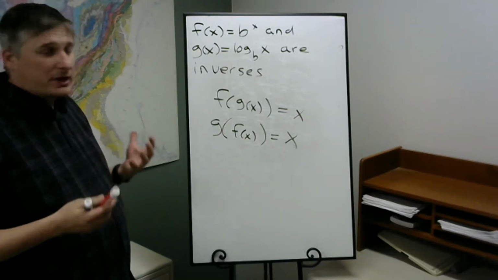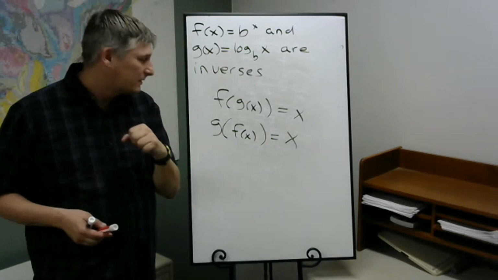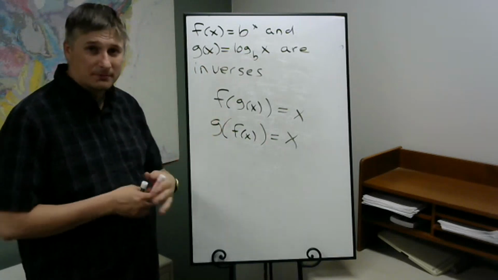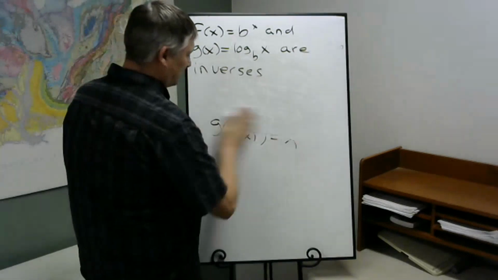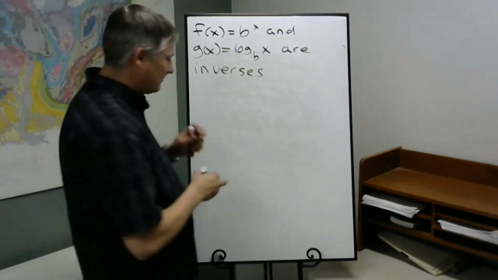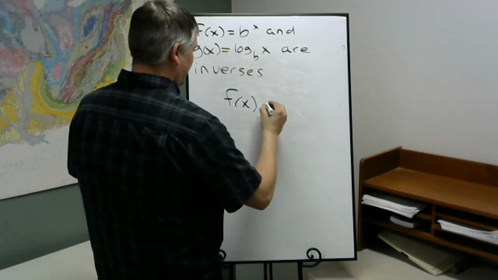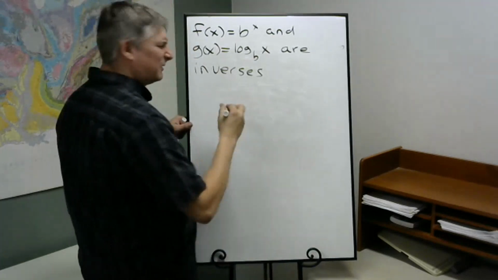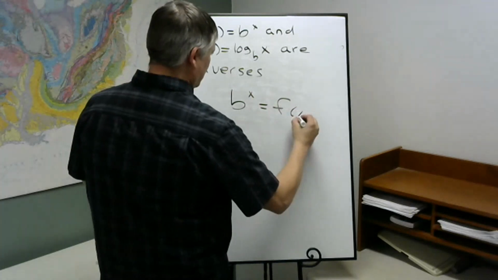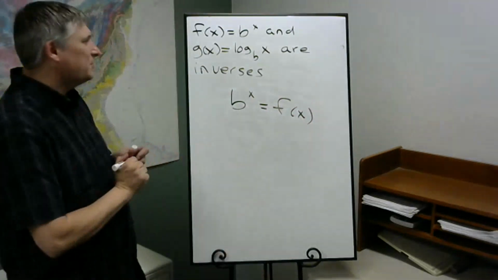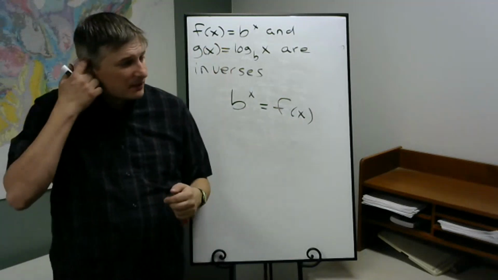So what we're going to try to do is letting f of x be this and g of x be the logarithm, we actually get this result. So let's start with f of x, and let me write it slightly differently. So again, f of x is b to the x, or b to the x is f of x.